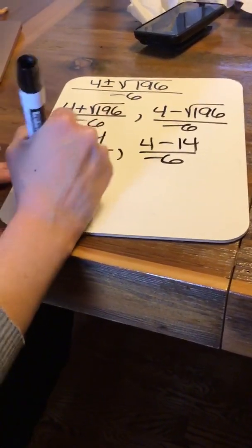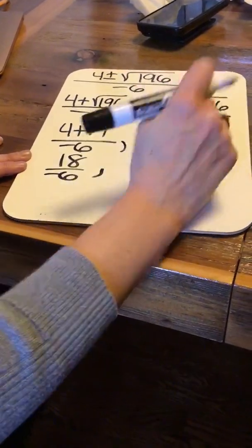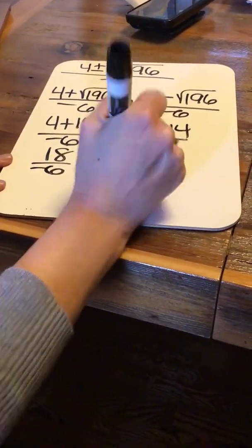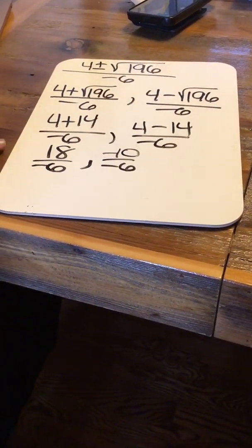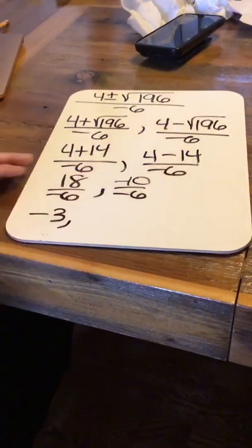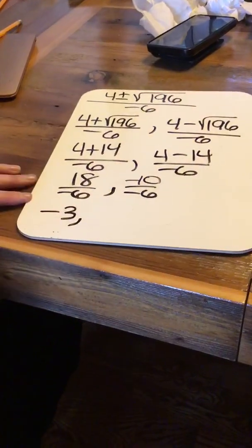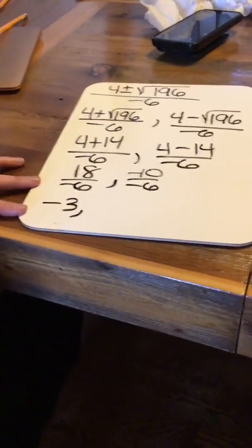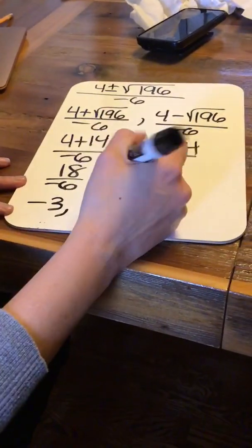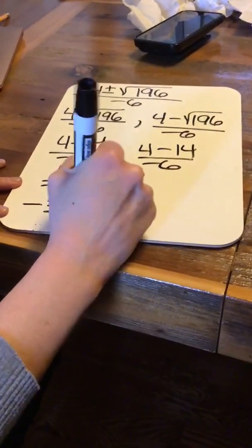It's 18 over -6. And what's 4 minus 14? It's -10 over -6. Then I'm going to divide, so this one will be -3. That one doesn't divide evenly, so I'm going to go ahead and reduce it. So when I reduce it, that becomes, let's see, 5 over 3.